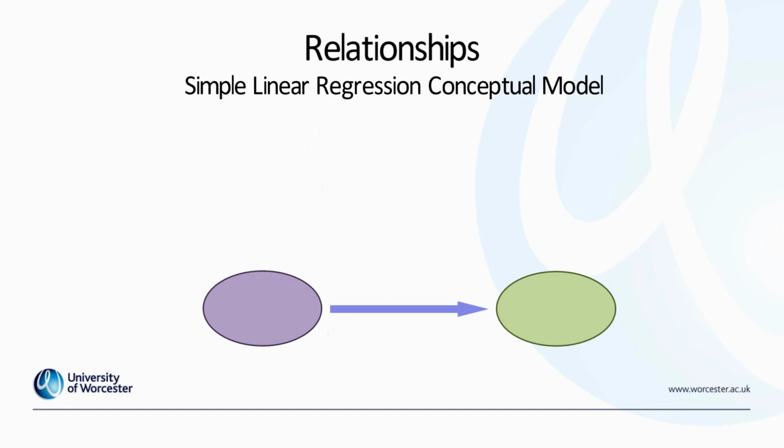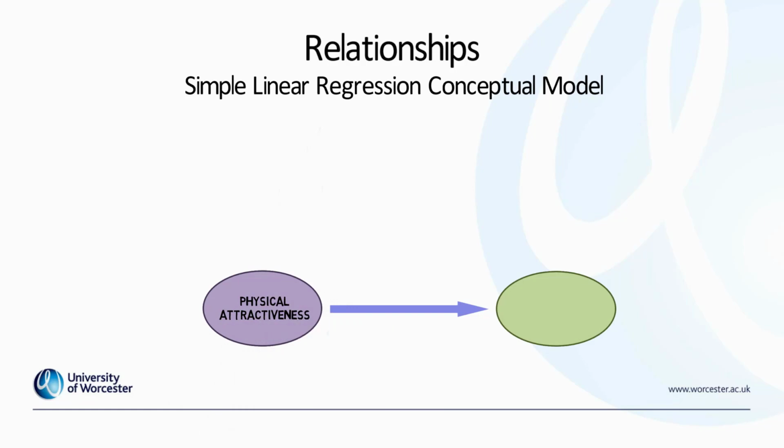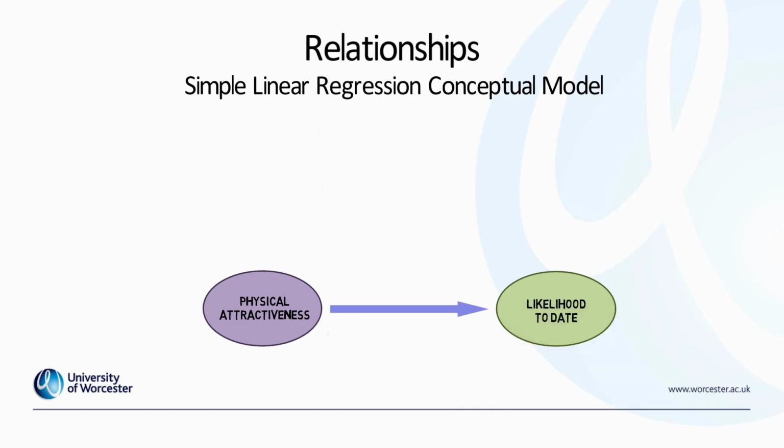Here we have an independent variable of physical attractiveness, and we're looking to see if there is a relationship between physical attractiveness and the likelihood to date. Therefore, if someone is more physically attractive, is there an increased likelihood someone's going to want to date them?